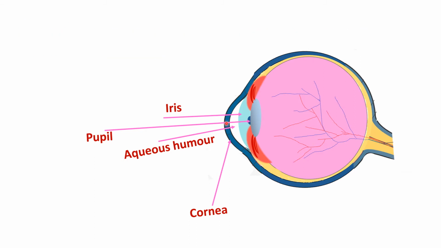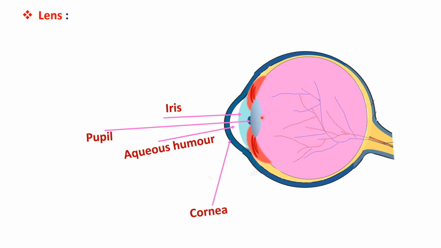Now the next one is lens. The next part is the lens. Behind the pupil, here is the pupil, there is a transparent subtle structure called a lens.